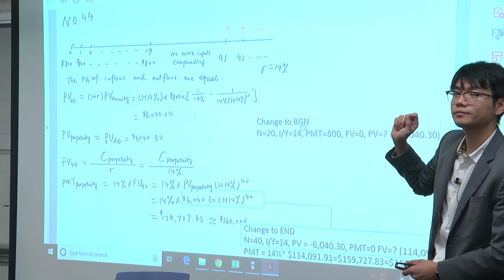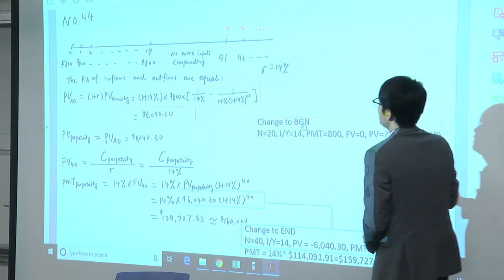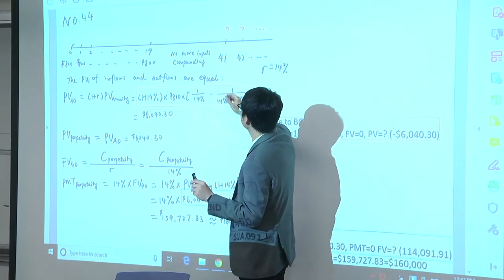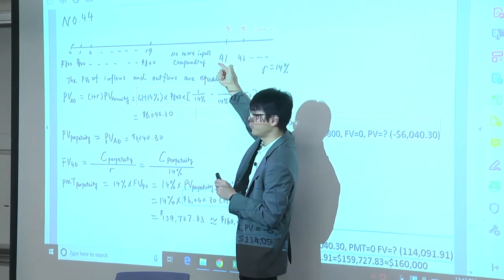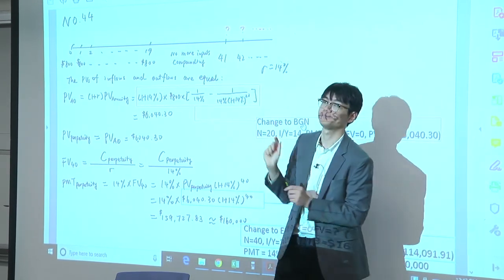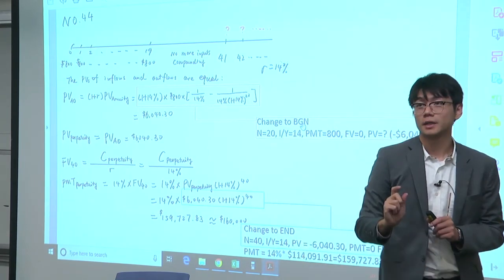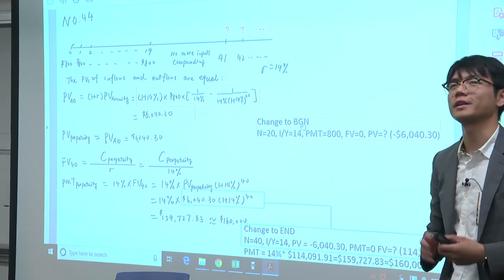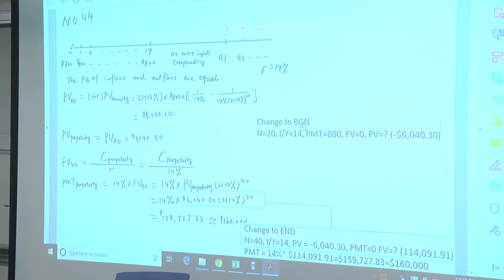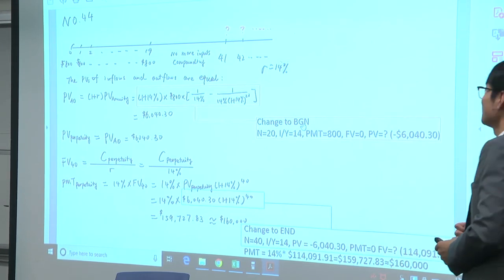The second important piece of information is that this generates a cash flow starting from the 41st year and forever. So now you can do a lot of compounding and discounting. That's cool. But if you grab the essence of this question, what is it?